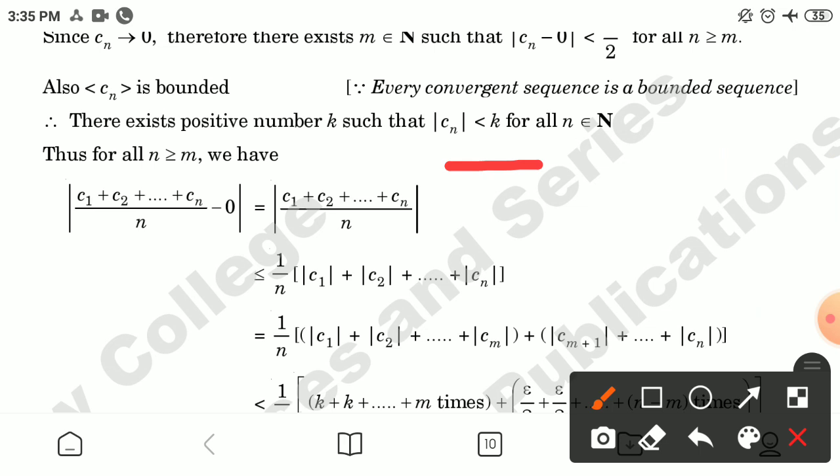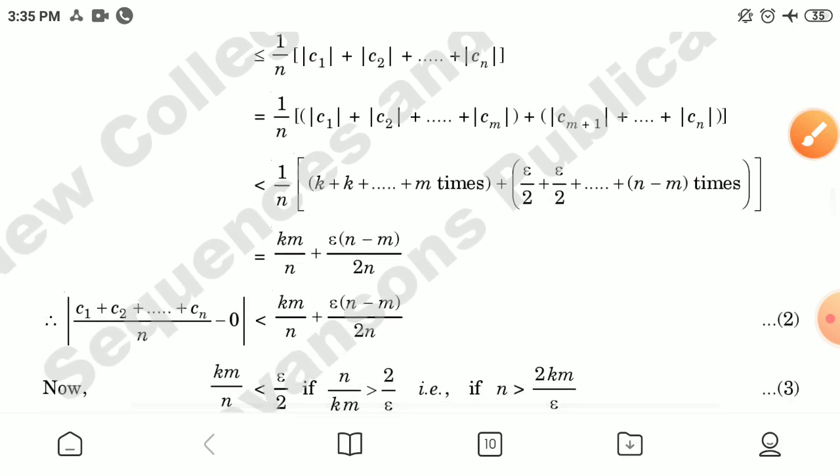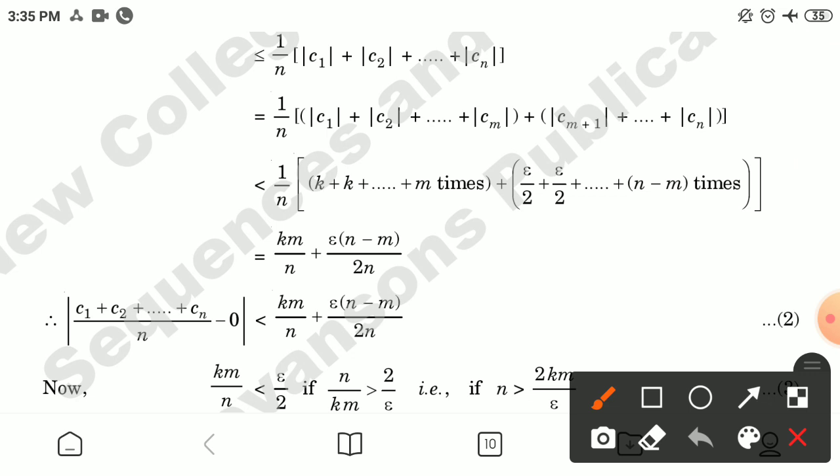Thus for all n greater than or equal to m, we have |(c1 plus c2 plus ... plus c_n) by n minus 0| equal to |c1 plus c2 plus ... plus c_n| by n. Using identities here, separating the mod value, this becomes less than or equal to 1 by n times (|c1| plus |c2| plus ... plus |c_n|), and we can also write this as |c1| plus ... plus |c_m| plus |c_(m+1)| and so on up to |c_n|.